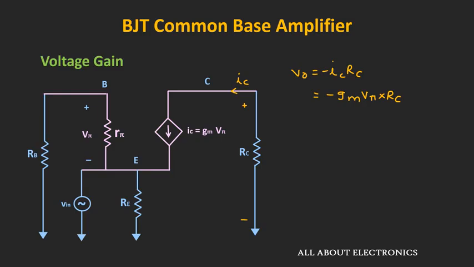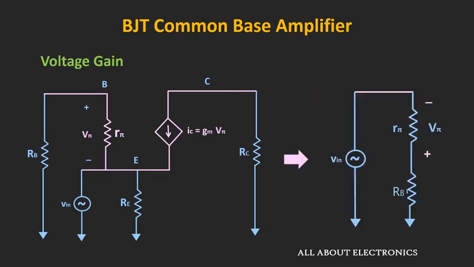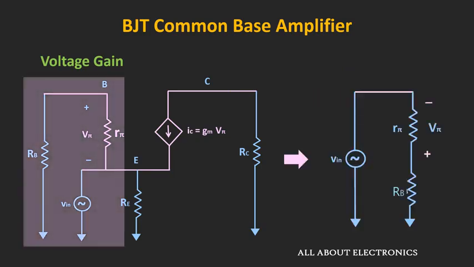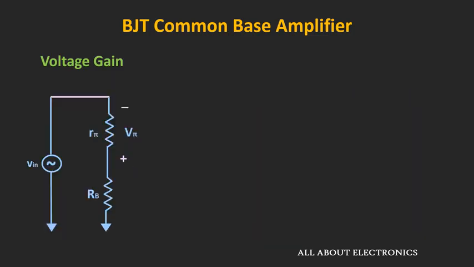If you see over here, the resistor R pi and RB are connected in series, and that series connection is connected in parallel with the input signal. From this we can say that the voltage V pi is equal to minus Vin times R pi divided by R pi plus RB, because here the polarity of the voltage V pi is opposite to the input voltage, right?